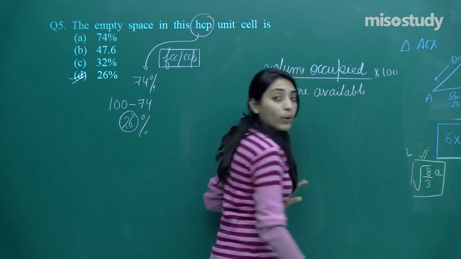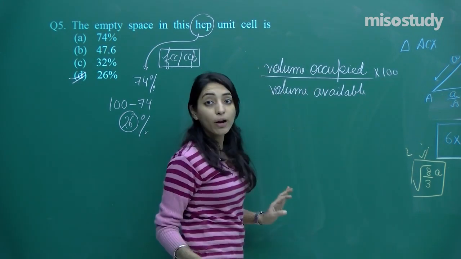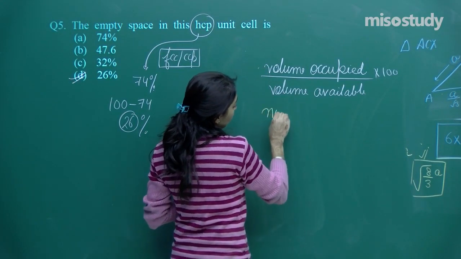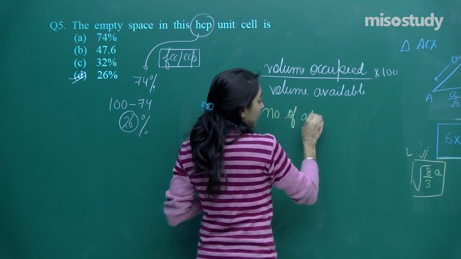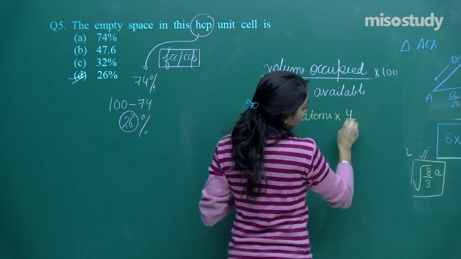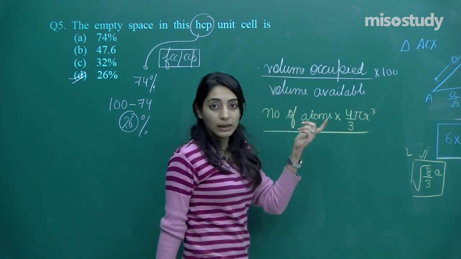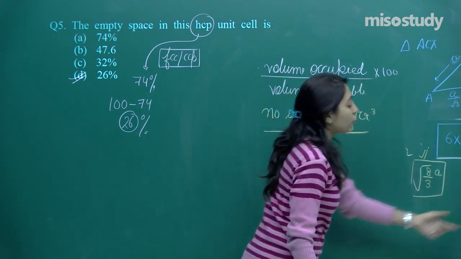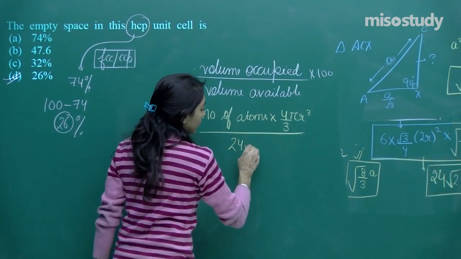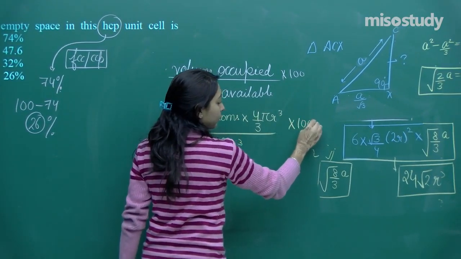The volume occupied is nothing but the number of atoms multiplied by the volume of one atom, which is 4 by 3 pi r cube, to be divided by the volume available. The volume available we just calculated in the previous question, to be multiplied by 100.